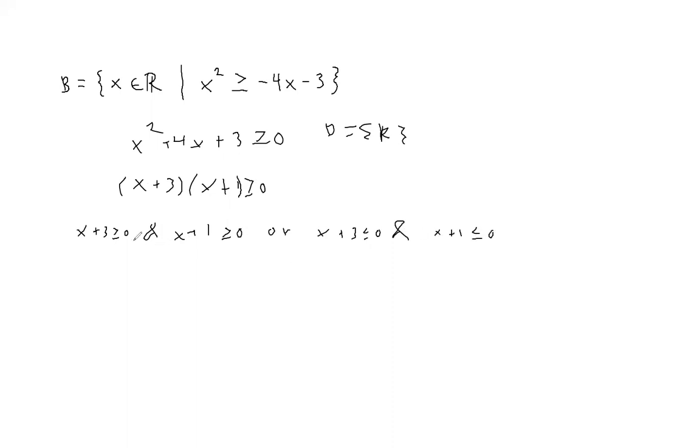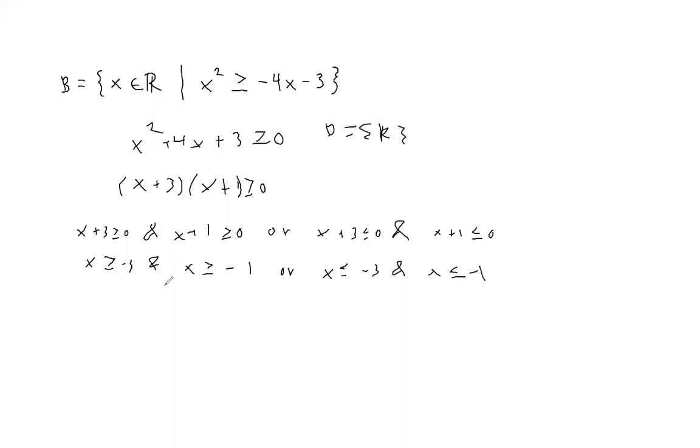Now we're just going to isolate x in all of these. So this tells me x is greater than or equal to negative 3 and x is greater than or equal to negative 1, or x is less than or equal to negative 3 and x is less than or equal to negative 1.